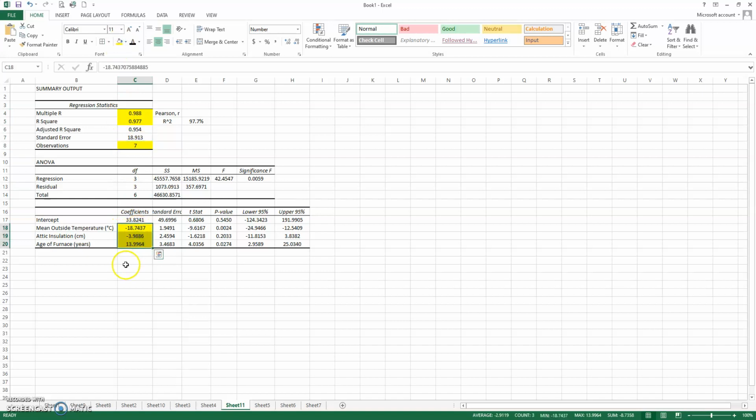These are the slopes for the 3 independent variables, and this value here, let's put that as another color, is the y-intercept.